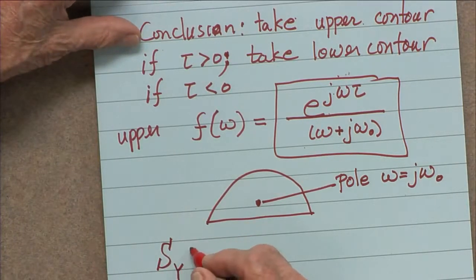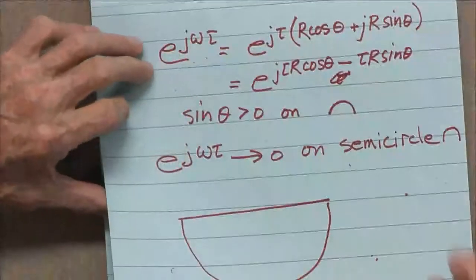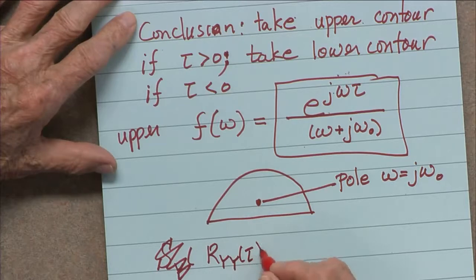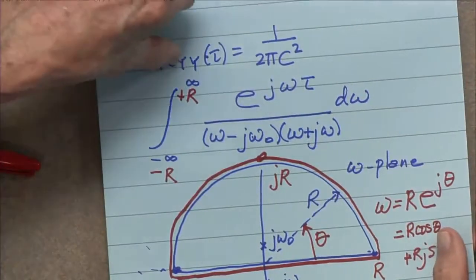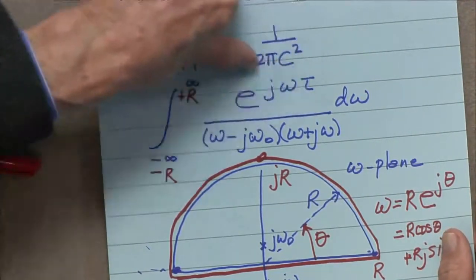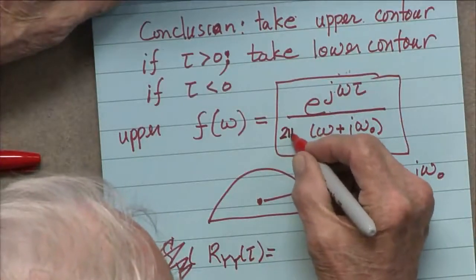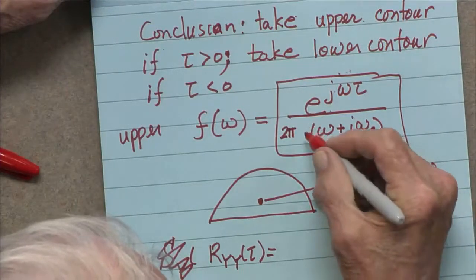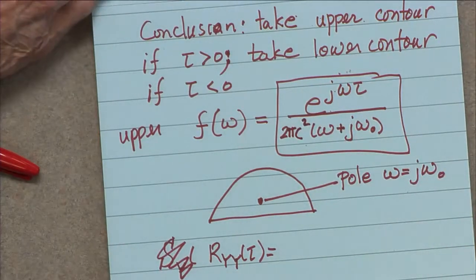R_YY of tau equals to. You know what, I should probably put the 2 pi c squared in there. Two pi c squared. It's in that function.